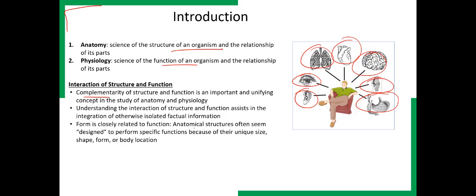The last point is anatomical structures often seem designed to perform specific functions because of the unique size, shape, form, or body location, right? So in the lungs, at its very, very smallest unit, the alveolar sacs in the lungs are only a single cell layer thick.